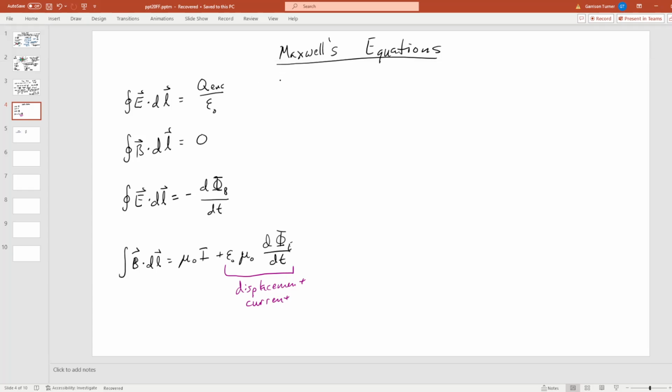So here we have Gauss's law. Here we have Gauss's law for magnetism. Now, we didn't really go into a lot of depth with this equation, but there's a couple of things to note about it.